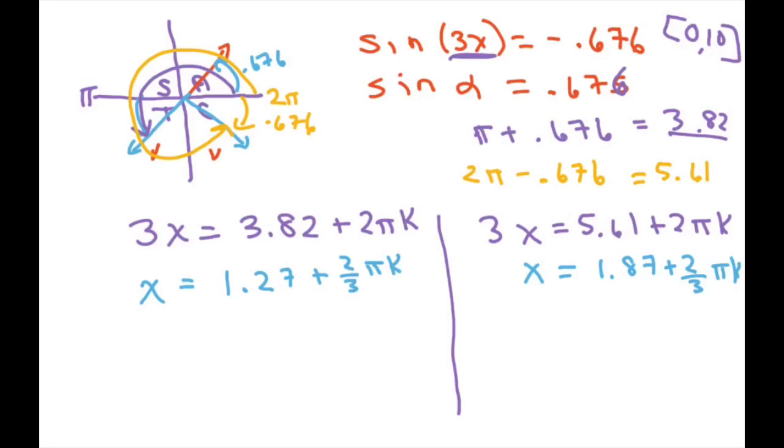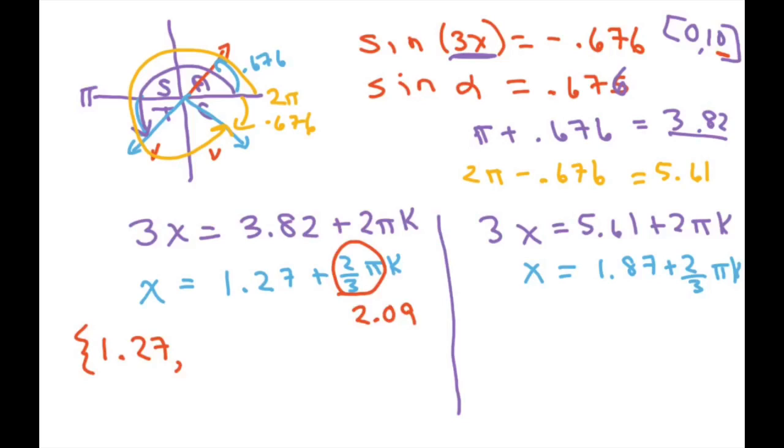So basically, if I just take this side, one of my solutions is 1.27, and I'm going to add 2/3 pi, and keep adding it till we get to 10. This is approximately 2.09. It's better if you use the calculator and use pi.